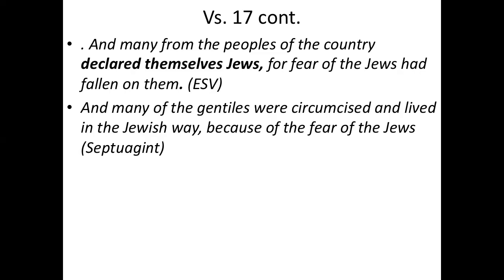It doesn't matter where you were from, you became an Israelite by adopting that way of life. It didn't matter if you were an Egyptian, from Africa, from Asia, from Europe. You became a Jew by practicing those things.